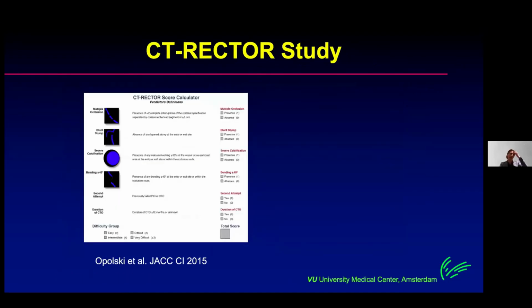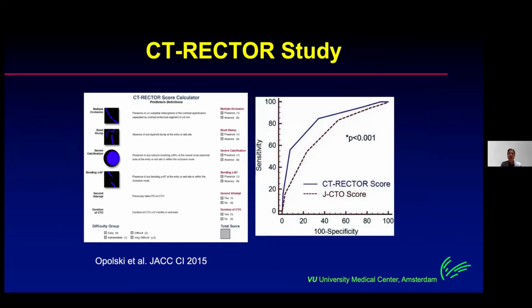And this is again work by Max Sapolsky, who showed us that you can mimic all these features like proximal cap ambiguity, lesion length, calcification, bending, and all these features that may or may not predict whether you're likely to open up the CTO artery. And actually, the CT-based angiography was more predictive than the invasive angio-based anatomy to predict whether or not the lesion could be opened.